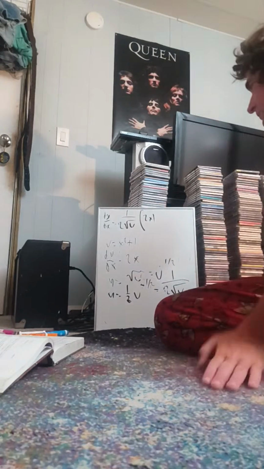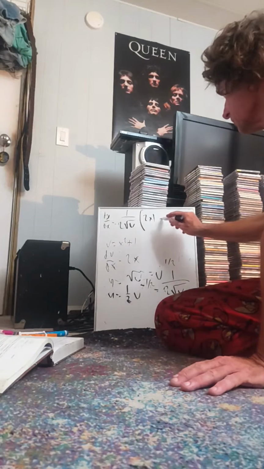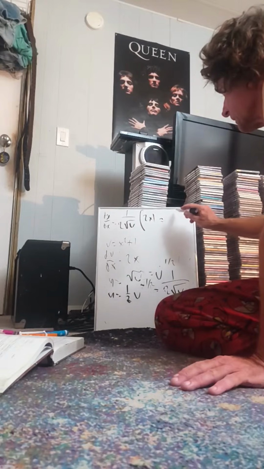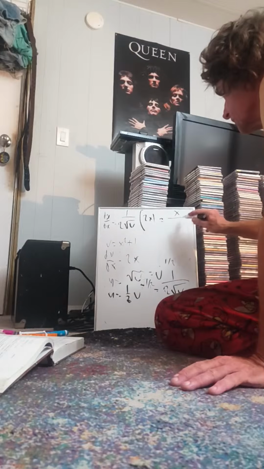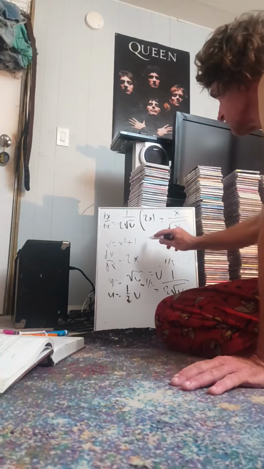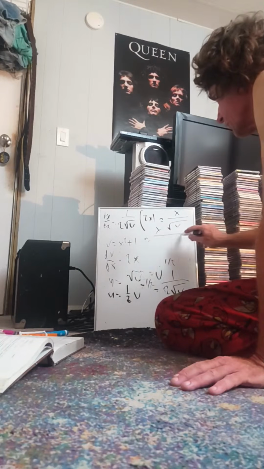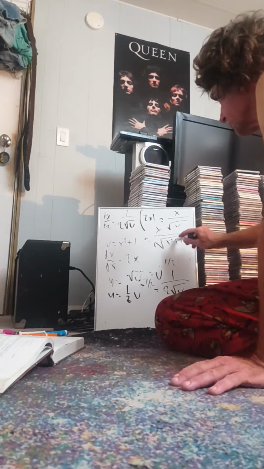See, now I'm talking turkey. But u is x squared plus 1. So the 2's cancel out, so I get x over square root of u. But u is x squared plus 1, so that's equal to x over square root of x squared plus 1.